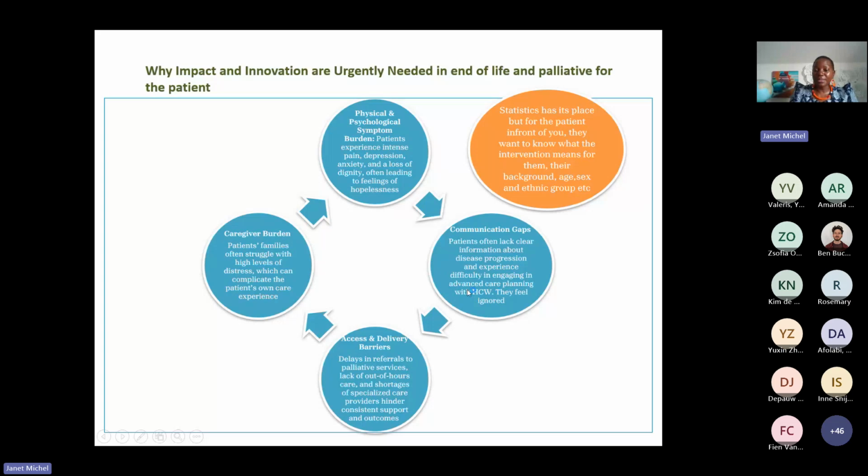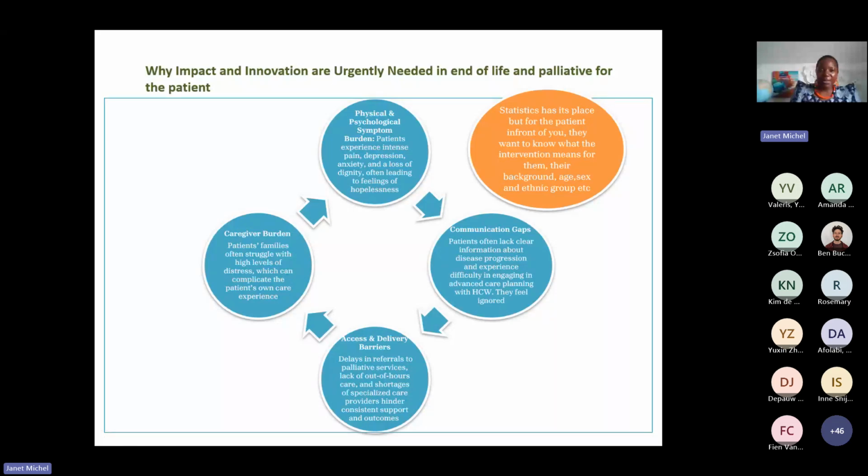We want to know what interventions help with that. But also we have barriers to care, with sometimes aftercare being very, very limited. So we want to know what works best for them. And then the caregiver burden itself, which is so taxing and has a toll on people. So we want to know what interventions would reduce that.